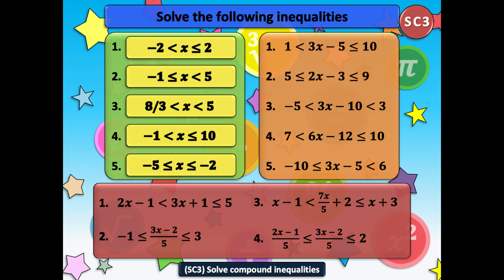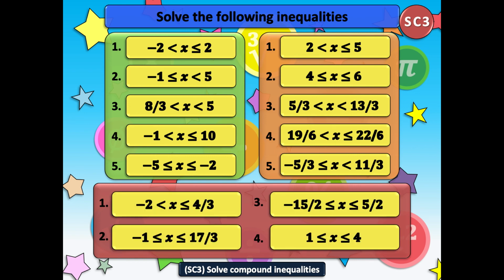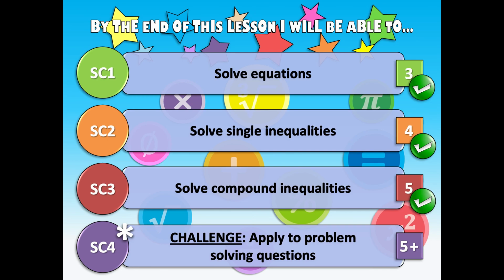So there's your green answers. There's your amber answers. And there's your red answers. And now we've completed success criteria 3.